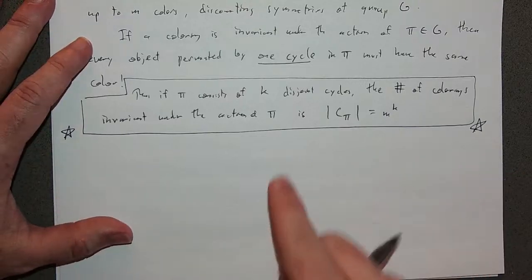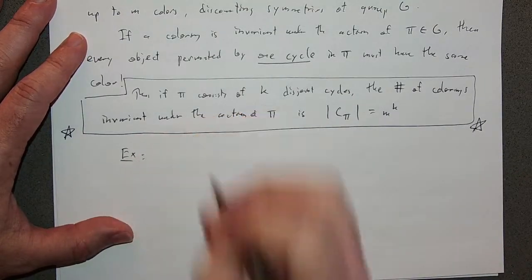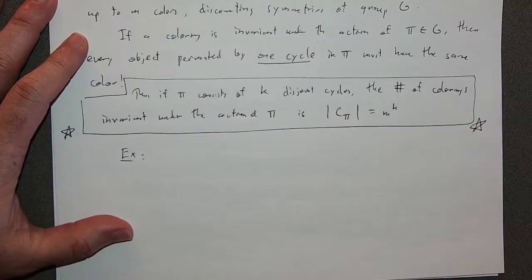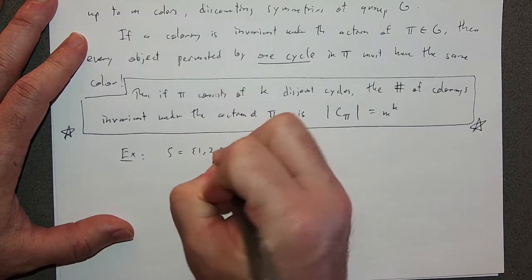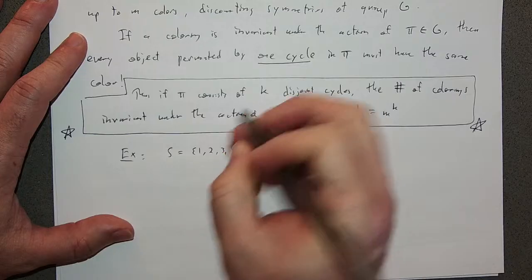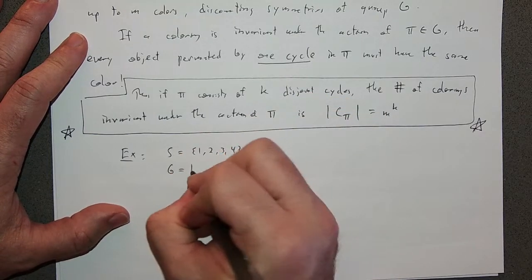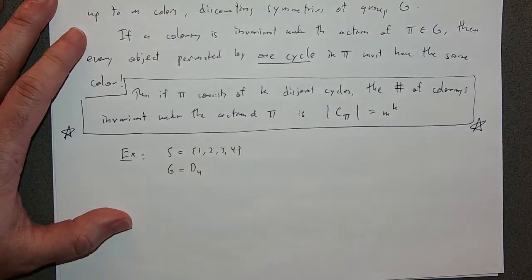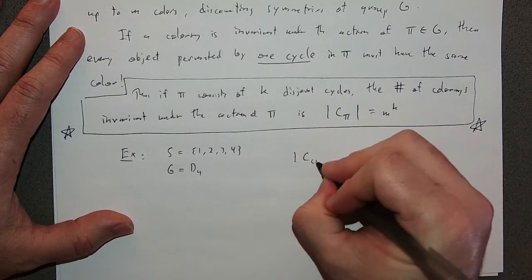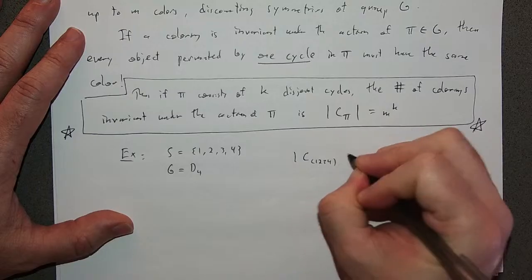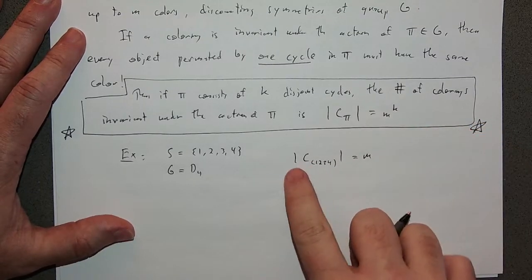So, in our example, just to do it again, if S is a set of vertices of a square, and G is D4, then the invariant set of 1, 2, 3, 4 is, how many of those are there?